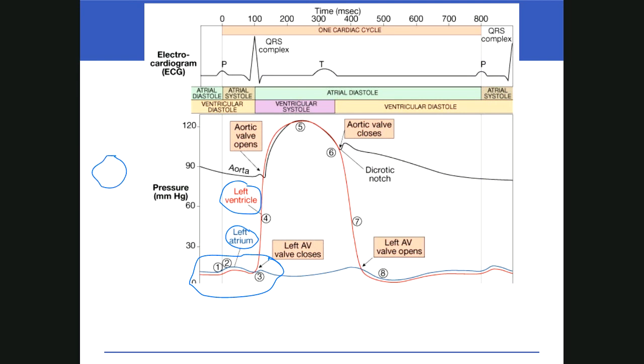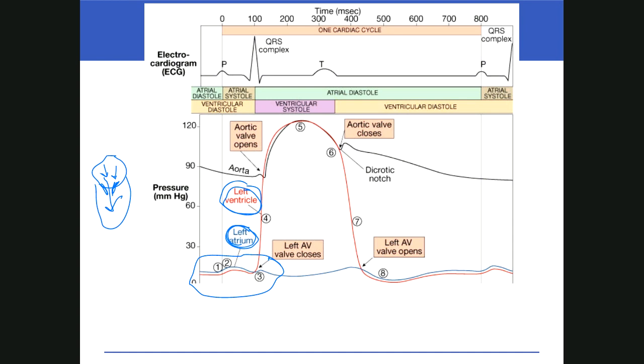The blue line is above the red line, right? So the pressure is higher in the atrium than it is in the ventricle, and it's going to push this valve open. Blood's going to flow in here.